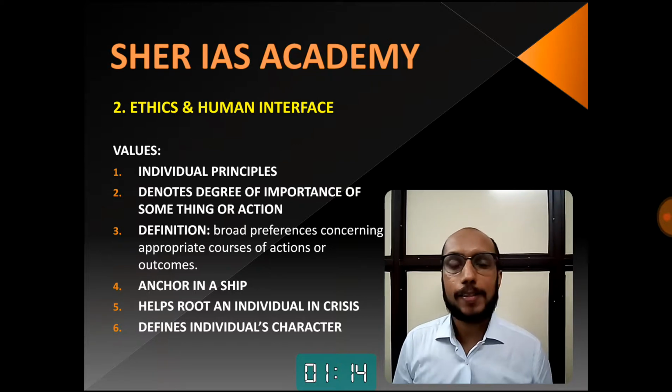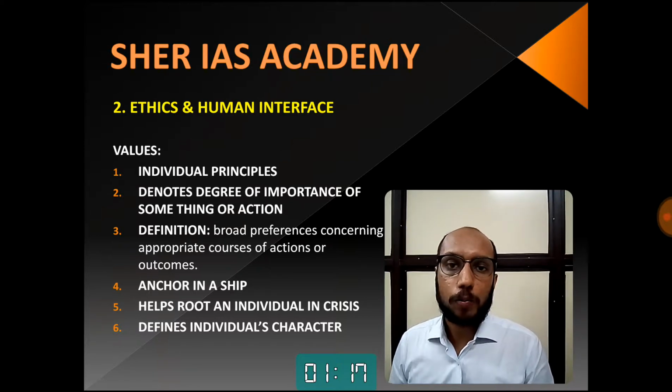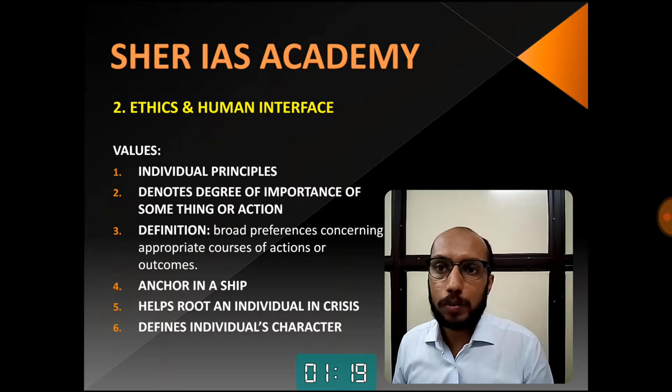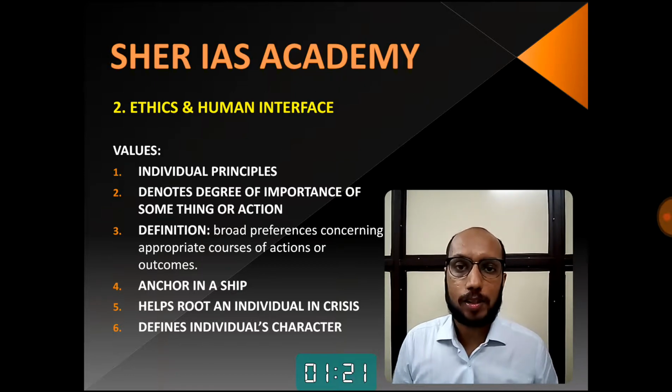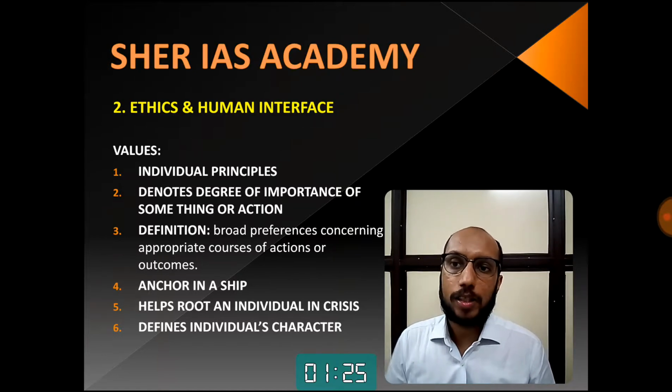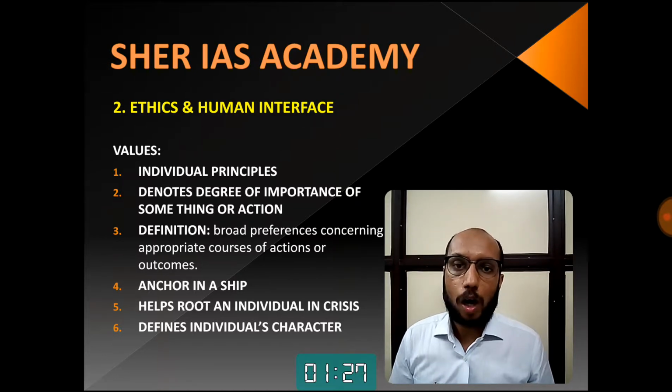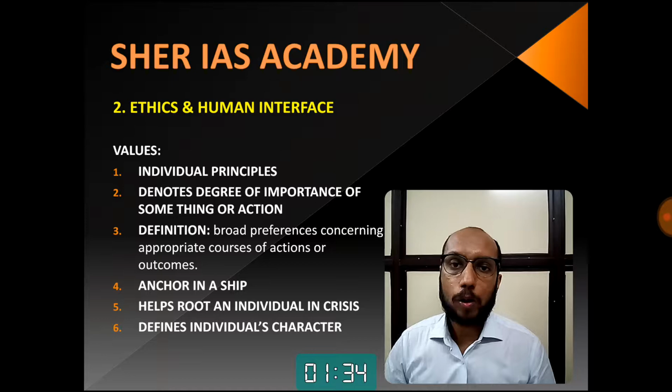So what my mind does is that it forms a predisposition, it forms certain preferences, certain ways of thinking and doing things, and that essentially is my values. So it helps me to determine what course of action I would want to take.